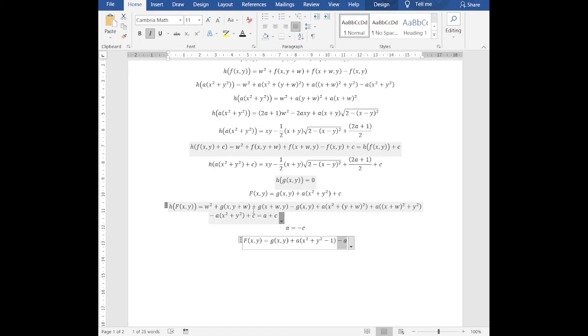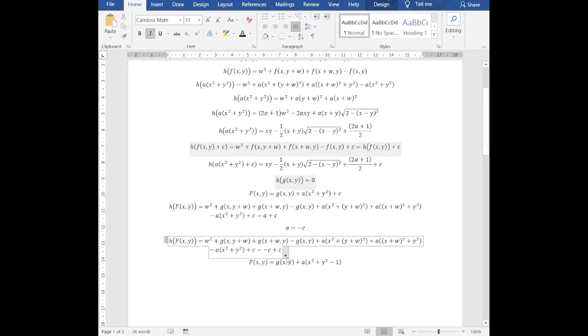Right? Yeah. If A equals minus C, we can substitute that into this equation above. So if A equals minus C, we've then got minus C plus C, that equals 0.